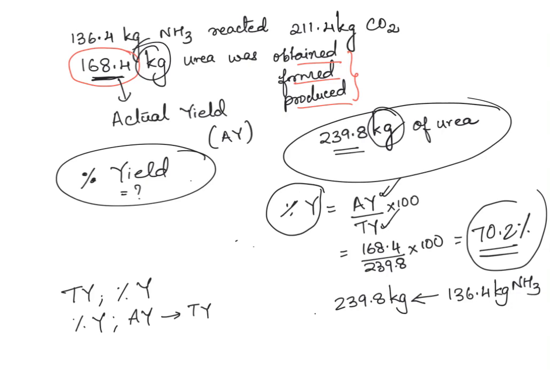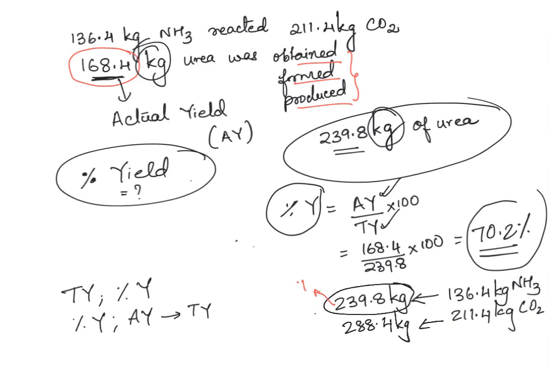But we also had in this reaction 211.4 kilograms of carbon dioxide. Now how much urea did we get from that? We got 288.4 kilograms of urea, right? So this was your theoretical yield, and this is a very, very important aspect of this.